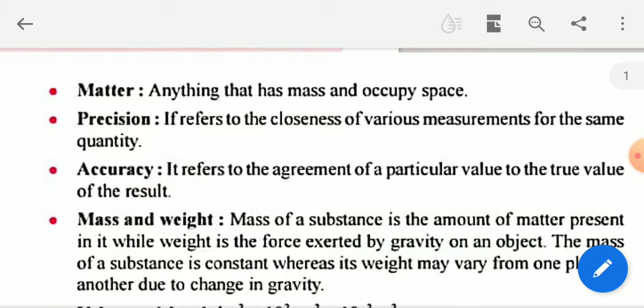However, a few new topics are also given. For example, laws of chemical combination, equivalent weight, and calculation of equivalent weight. These are new topics, and concentration calculation. So I will discuss only those points which are important for class 11.